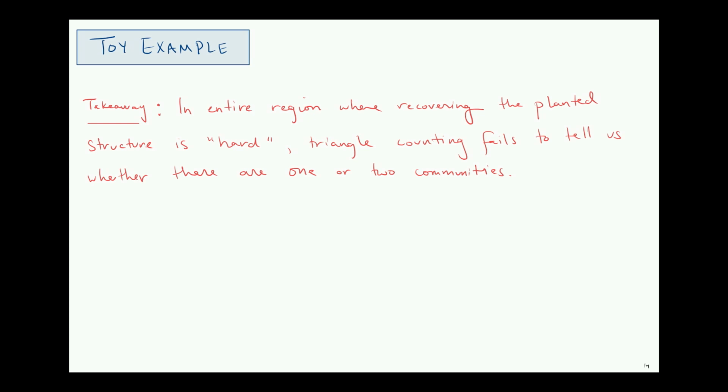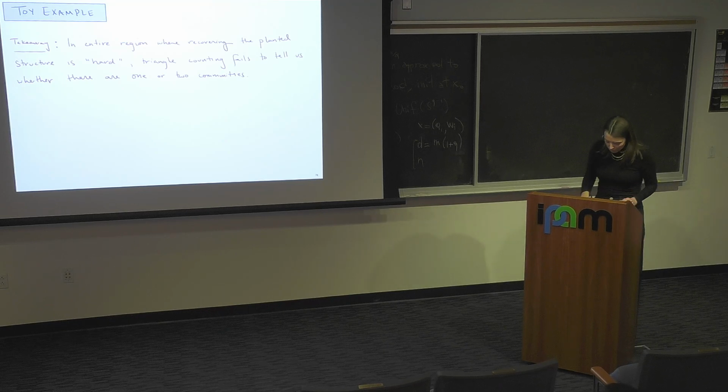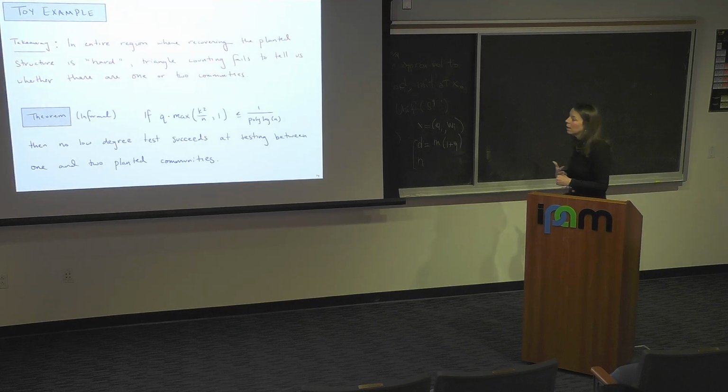So the takeaway here is that in this entire regime where recovering the planted structure is hard, triangle counting fails to tell us whether there are one or two communities. If we can't recover, then at least here triangle counting does not work either.